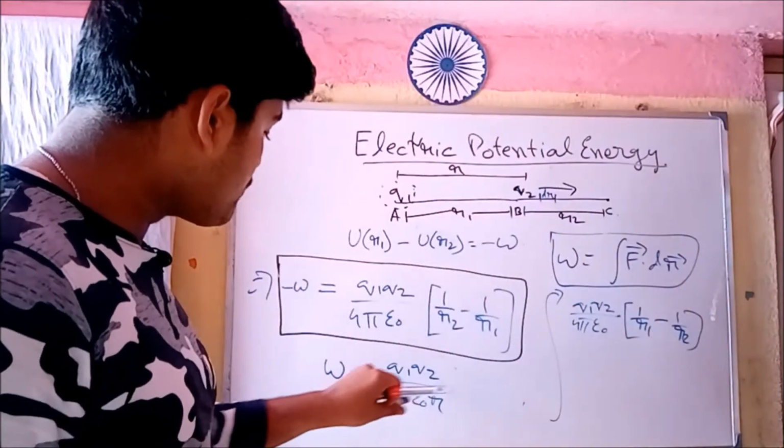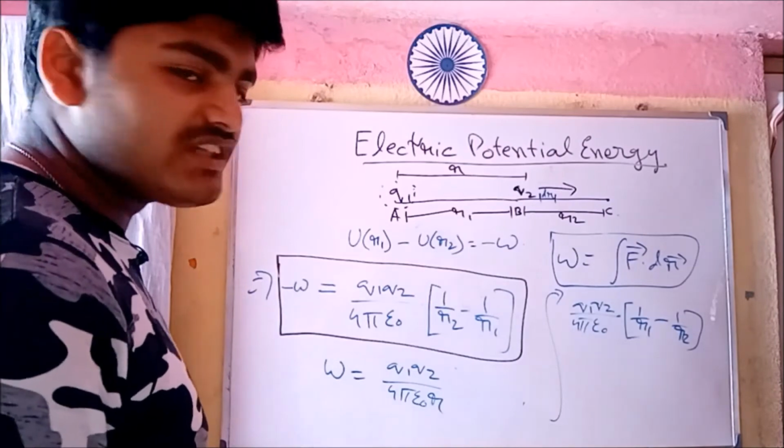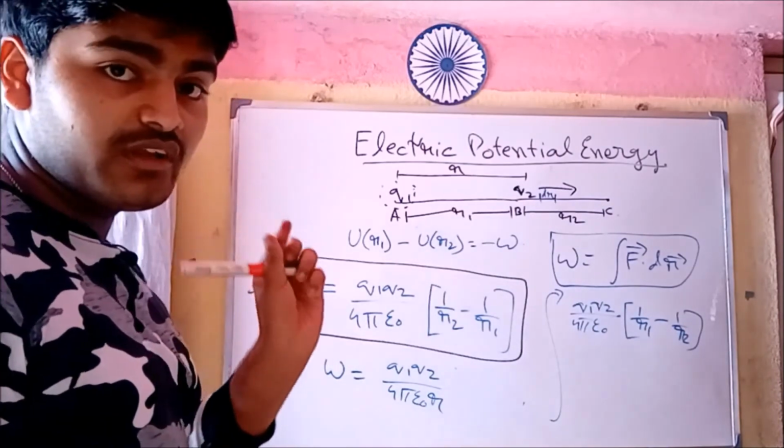Means W is equal to Q1 Q2 by 4 pi epsilon naught r. This is the work done by a single body.